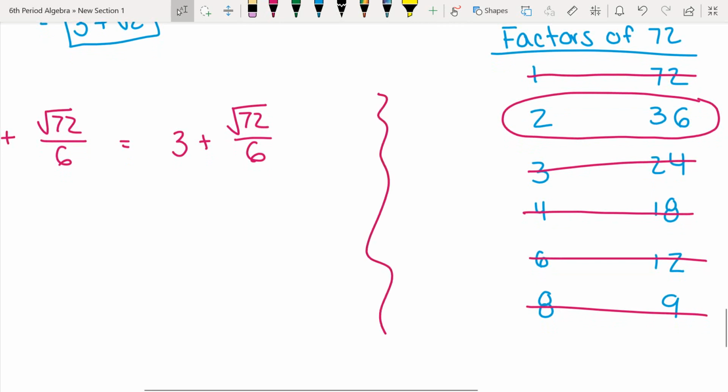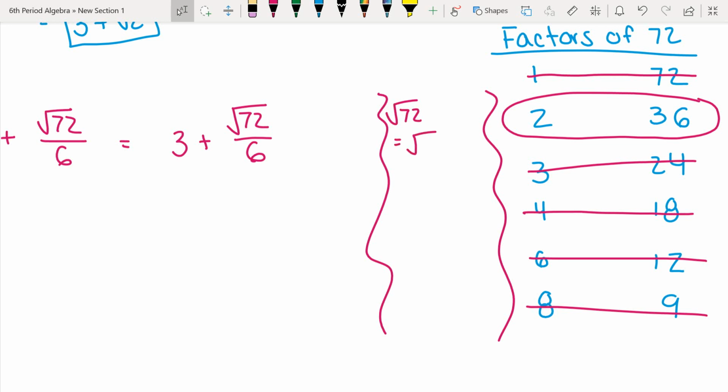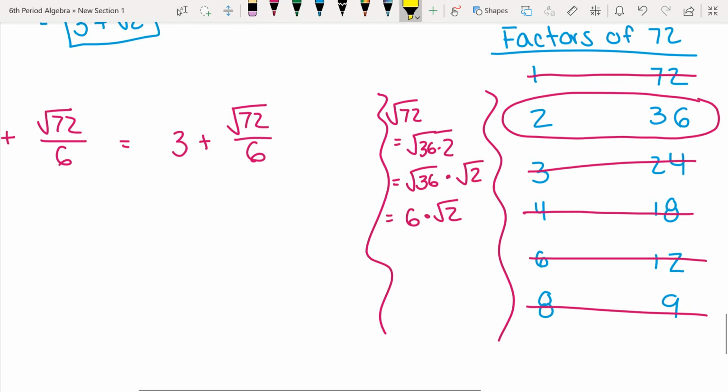Square root of 72 can be broken up to be the square root of perfect square, 36, times prime, 2, which can also be broken up into square root of 36 times separate square root of 2. Using your cheat sheet, square root of 36 is 6 times the square root of 2. Because this is an ideal pair, I know I'm done simplifying.